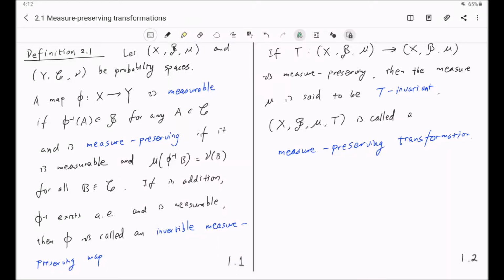And now let's take a look at this definition again. In this definition, in order to define the measure preserving, we're using the measure directly.